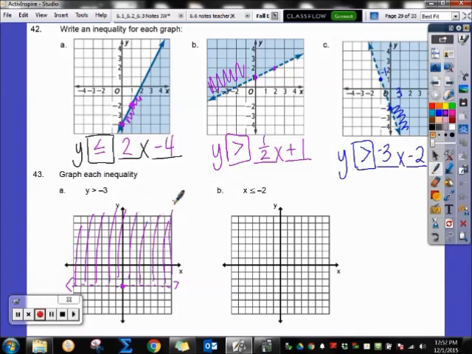For B, x is less than or equal to -2, so I go to -2 on the x-axis, and I start there. And I'm thinking of VUX, so it's going to be a vertical line. It has or equal to, so that is a solid boundary line. And then less than is shaded to the left, because all of those numbers are less than -2.